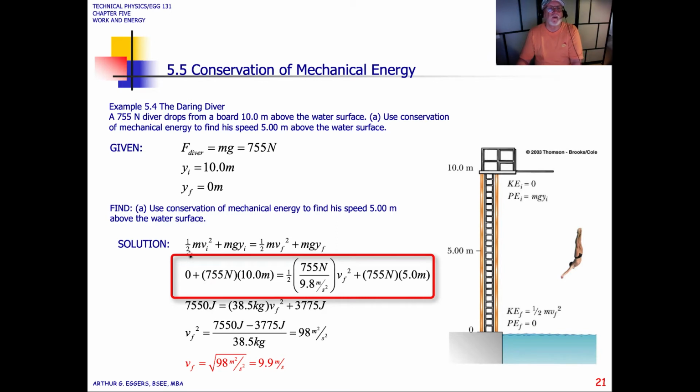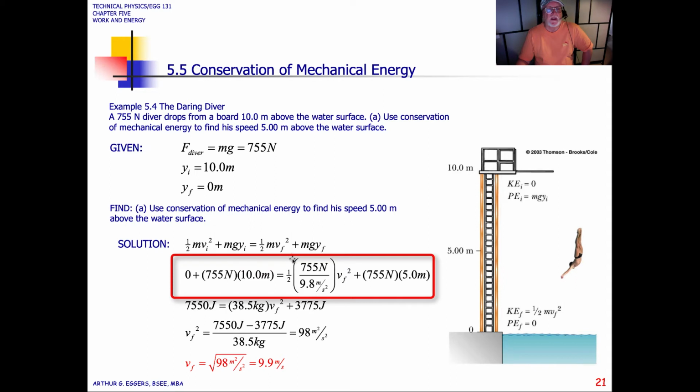So we've got 1/2 the mass times the velocity initial squared. Well, he starts off at 0, so that whole term goes away. Then we have his potential energy, 755 newtons times 10 meters above the water. So we've got everything we need there to determine his initial potential energy.